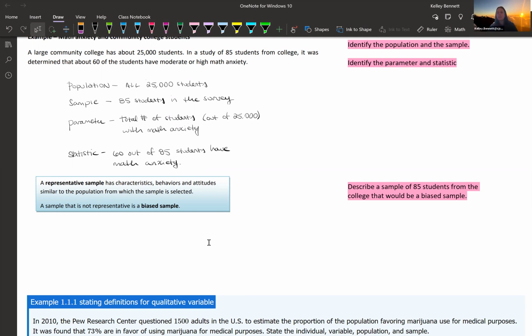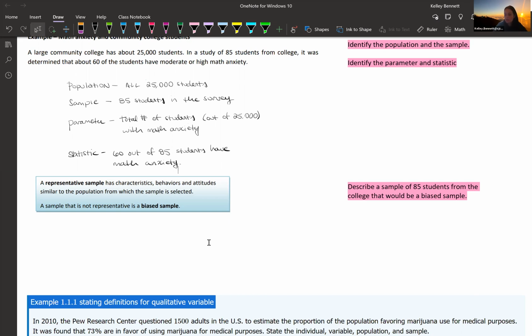You're not going to be able to ask, survey, poll, etc., all of them. So you just want to grab a small subset, but you want to make sure that that smaller group, that sample, looks like, sounds like, feels like, thinks like the entire population. If you don't have that in your sample, then your sample is not representative and it's biased.